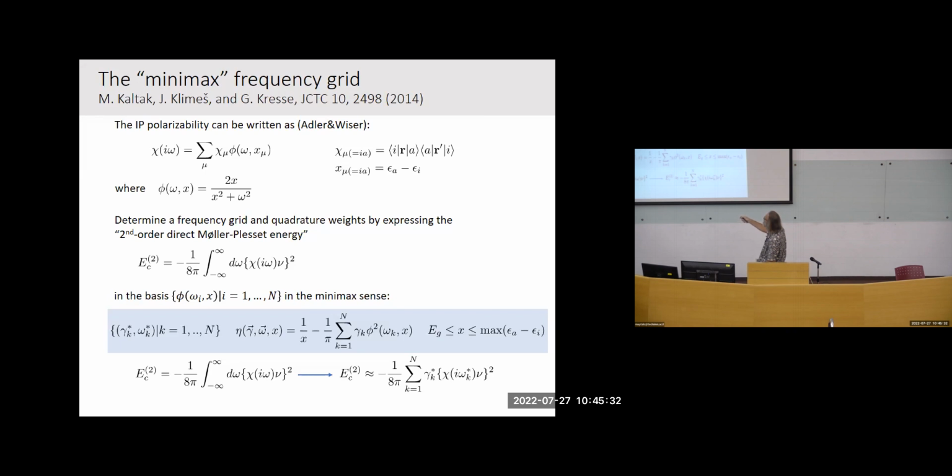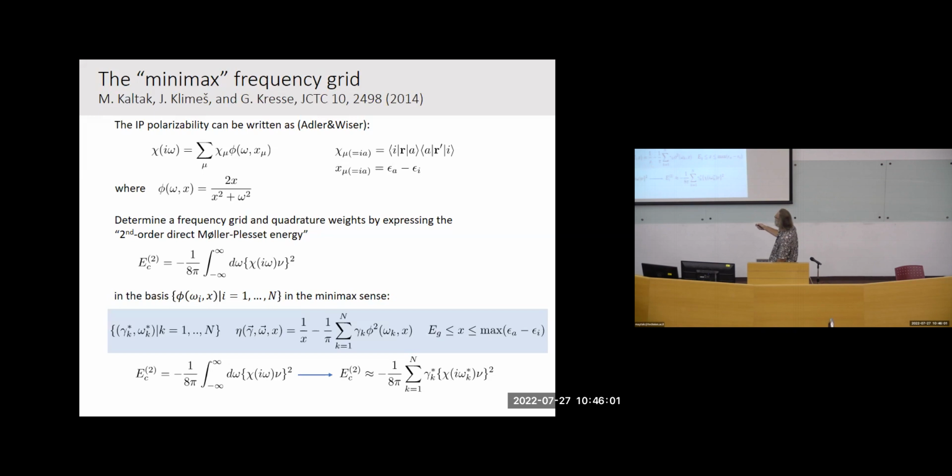In terms of this polarizability, there's a part of the MP2, the Møller-Plesset energy, that is called the direct part of it, that can be written in this form. And we seek a grid of frequencies and quadrature weights that gives the best fit to this particular correlation energy within the basis of these functions, and that is in the minimax sense.